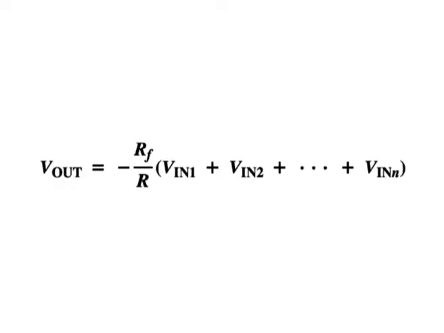V out is equal to minus RF over R into (V in 1 plus V in 2 plus V in 3 so on till V in n). As you can see, the output voltage has the same magnitude as the sum of all the input voltages multiplied by a constant determined by the ratio minus RF over R.